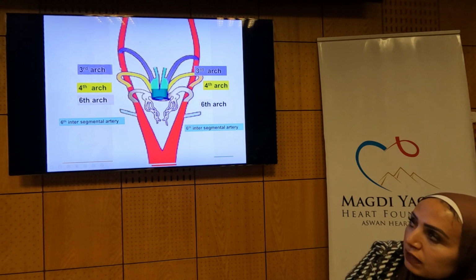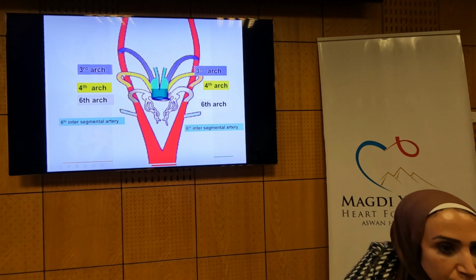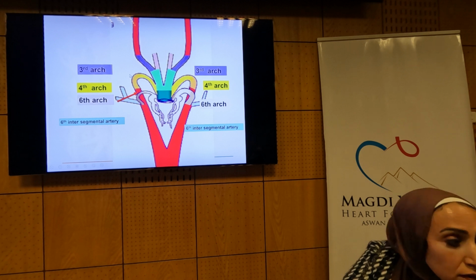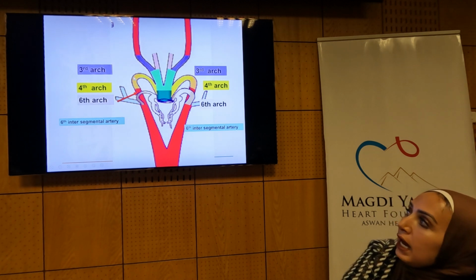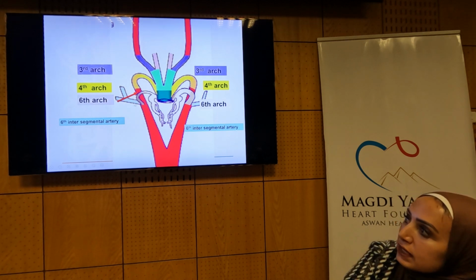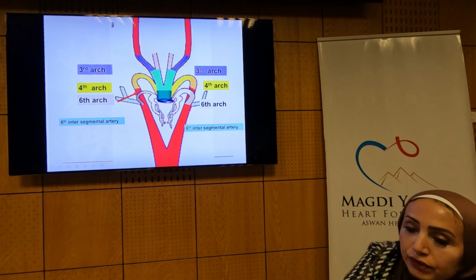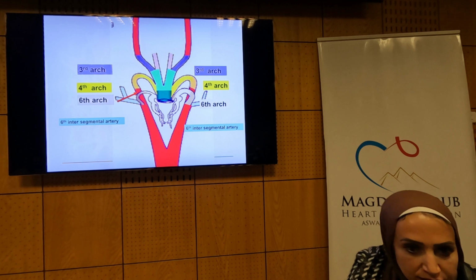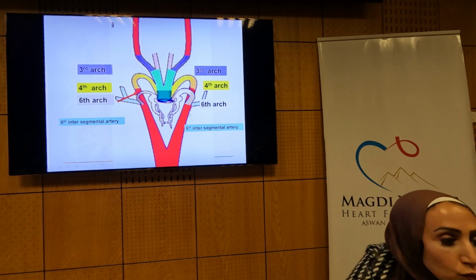At the connection between the third and fourth, this segment will disappear. Is it clear? And now the sixth aortic arch on the right side will start to diminish and eventually vanish, but the left sixth will persist.